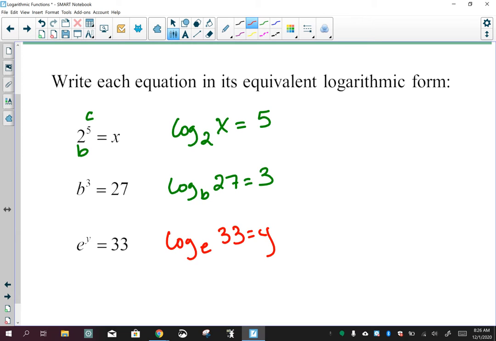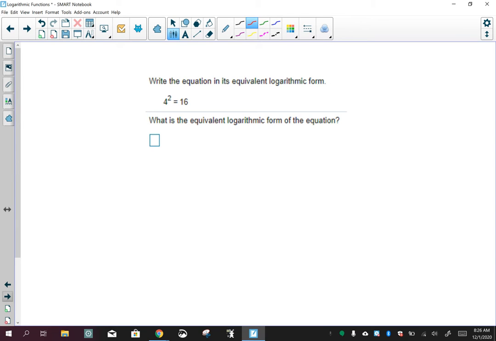So that's all it's going to want you to do, is just take it from the exponential format and put it back into the log format. So again, same type of problem here. So we have log base 4 of 16 is equal to 2. And that is what you would put right there.